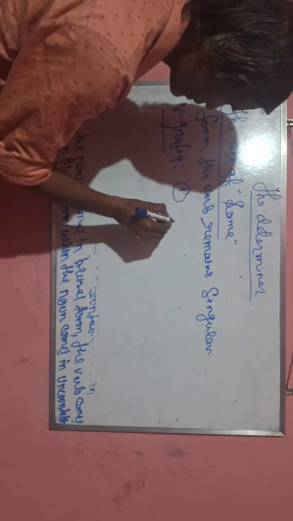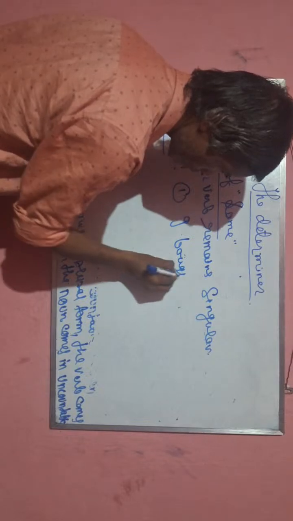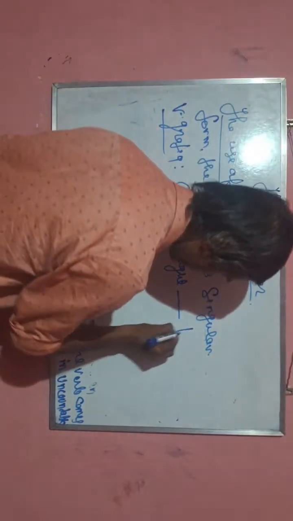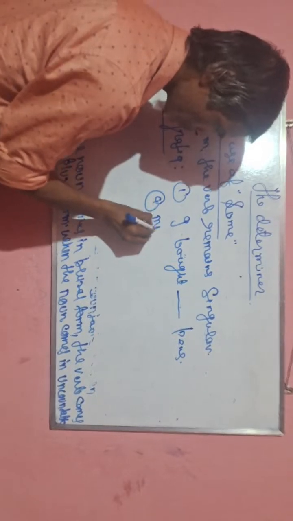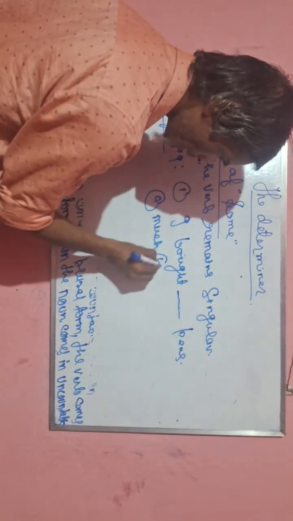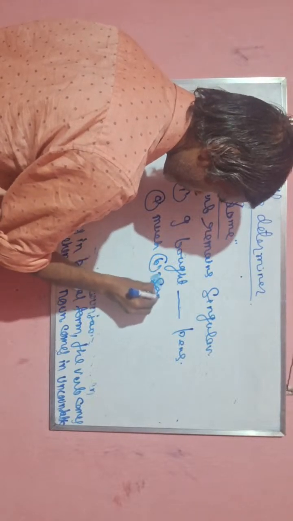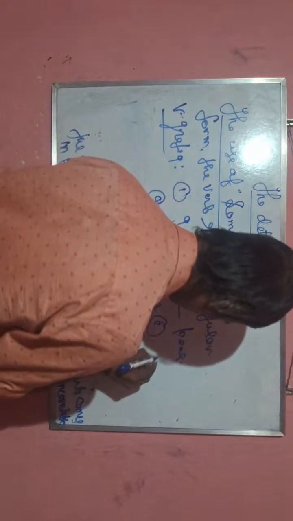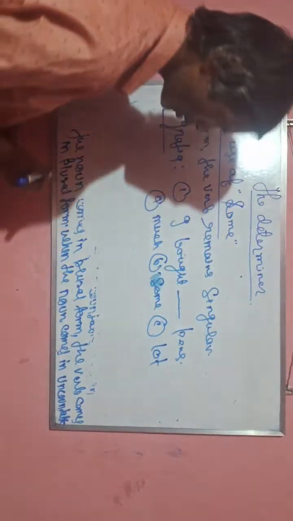Number one, I bought dash pens. Option A, much. Option B, some. Option C, lot.